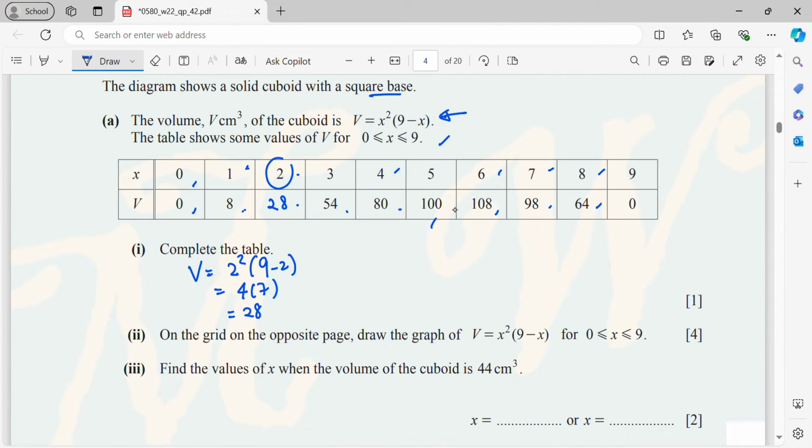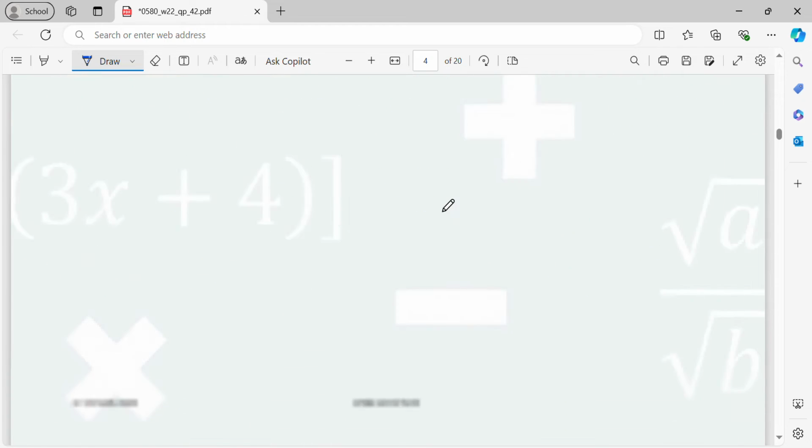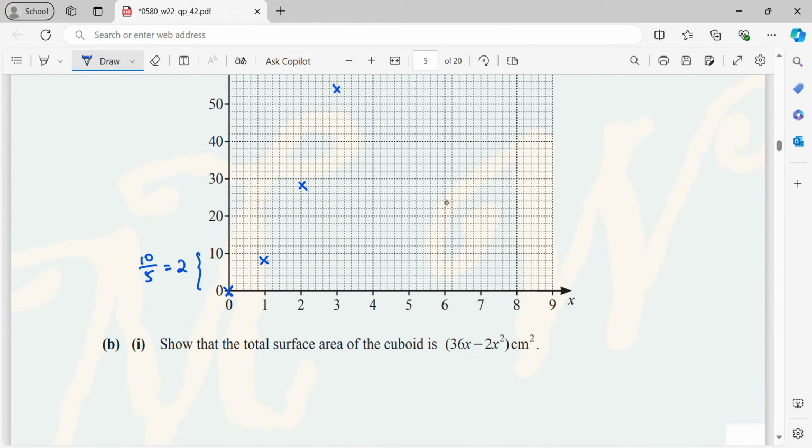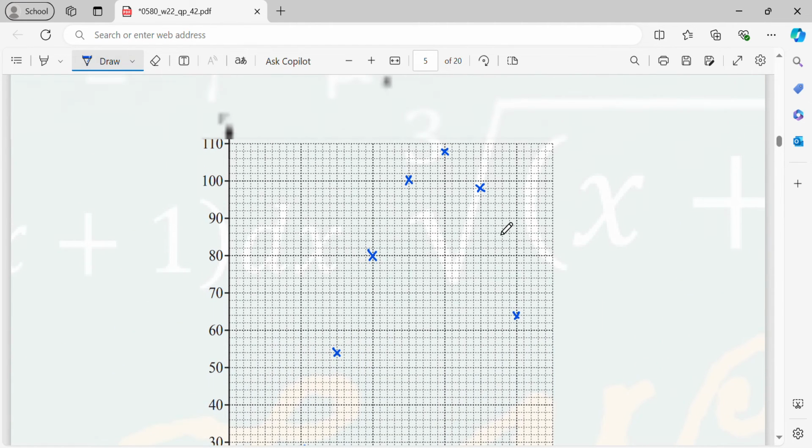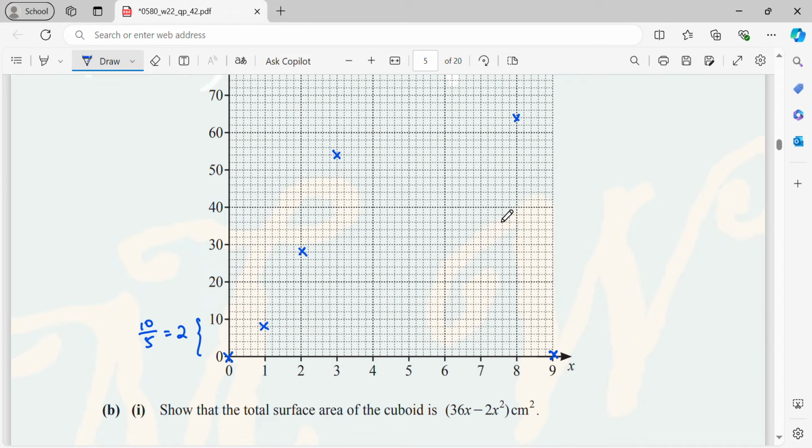Then 9, the v is 0. Okay, so now we need to draw all these points. So when we draw the points, you'll be getting a curve.